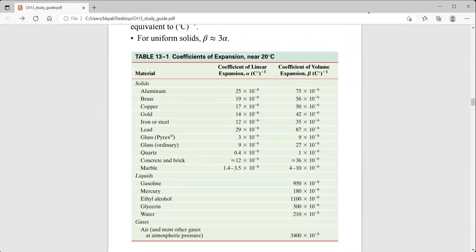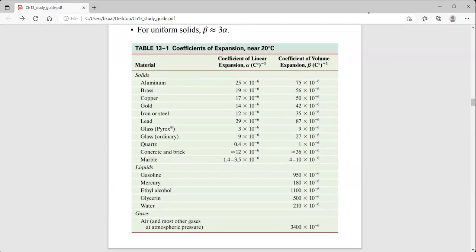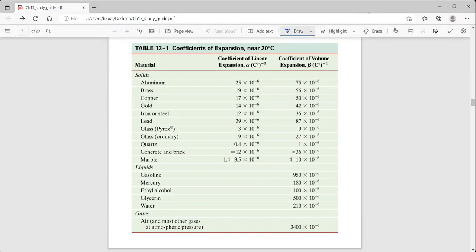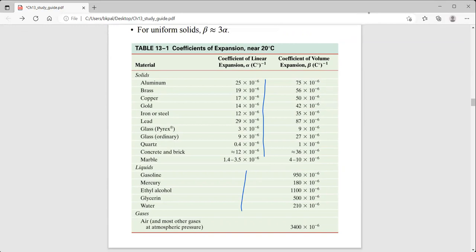So here you see in the table, the linear expansion coefficient is only given for the solid, and there is no linear expansion coefficient for the liquid or for the gas. But for the volume expansion coefficient we have it for all, no matter whether it is solid, liquid, or gas.